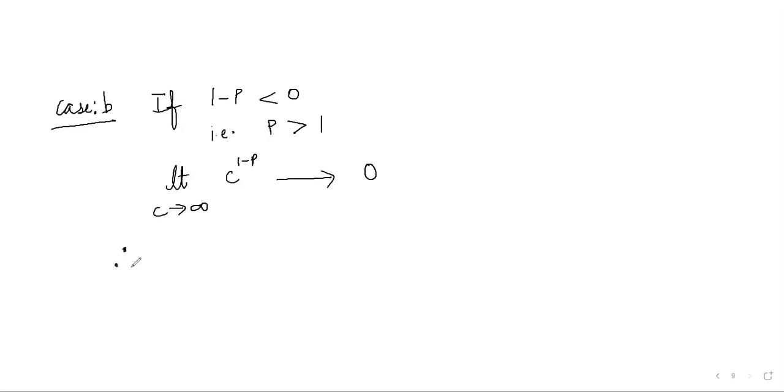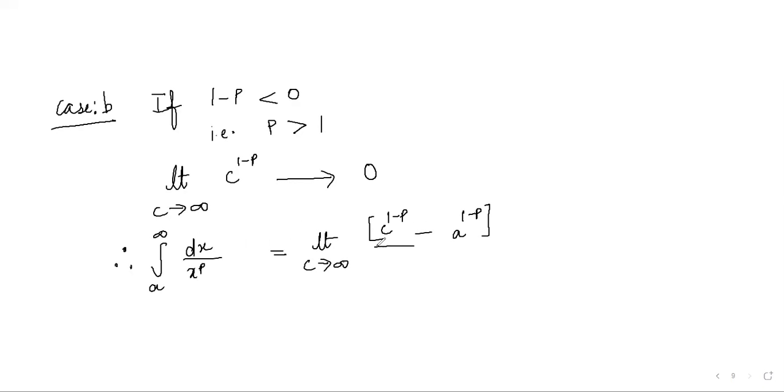And therefore, this integral from a to infinity of dx upon x raised to power p is equal to the limit c tending to infinity of c raised to power 1 minus p minus a raised to power 1 minus p, this whole divided by 1 minus p.